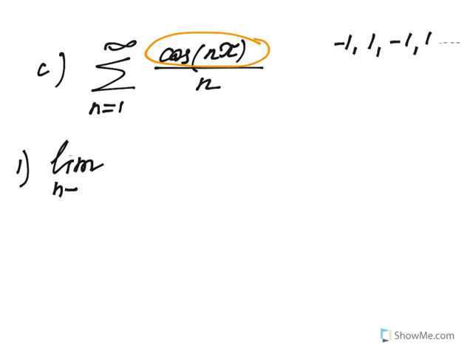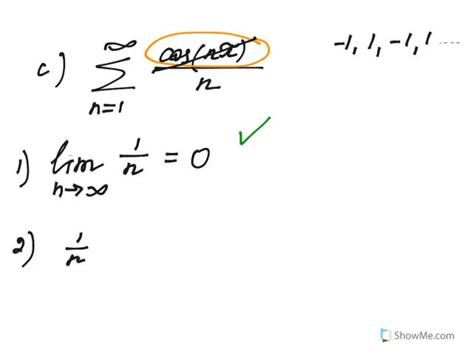So take the limit as n approaches infinity of 1 over n. So you ignore this part right here. And yes, as n approaches infinity, you get 0. So check. That's a good sign. Now let's check the second condition. Your sequence 1 over n is supposed to get smaller. It should be decreasing.